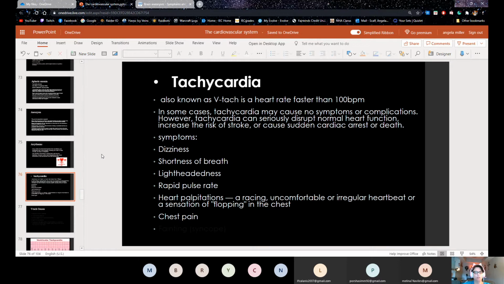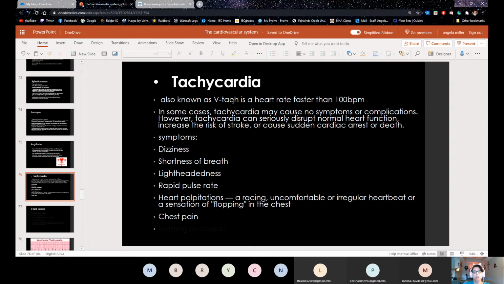We can have tachycardia, and it is anything where your heart is beating over 100 beats per minute. Okay, so that's what you'd write down. The most common kind of tachycardia is ventricular, or VTAC.